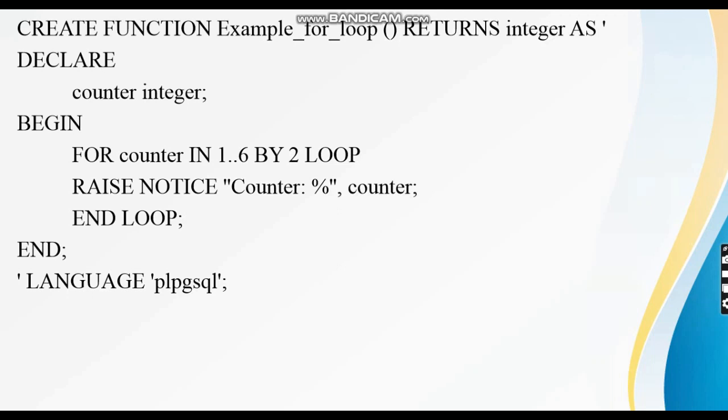It will be step 2. Raise notice, the counter value will be printed. Please comment and tell me what will be the output for this particular function. I want the answers from your side in the comment section. End loop, end language plpgsql.